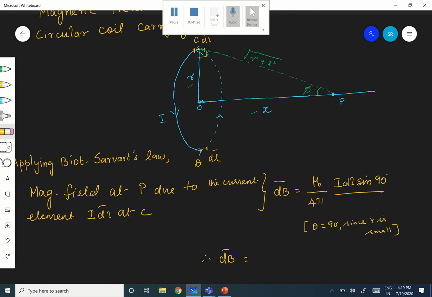It is root of R squared plus X squared, since the radius is R and this is X. CP is the position of P from the current element I dL at C. Therefore dB is equal to mu naught by 4 pi into I dL by R squared plus X squared.